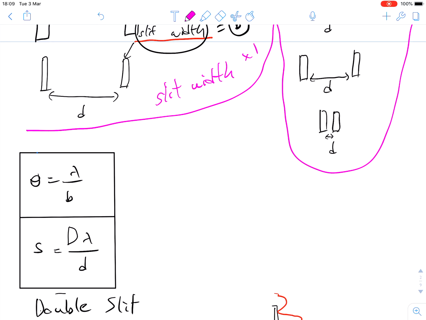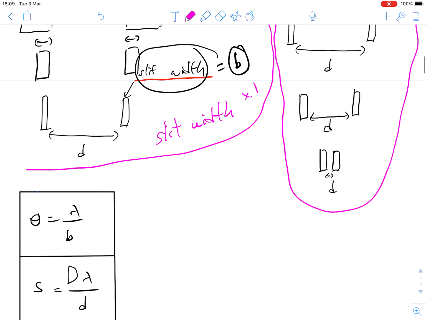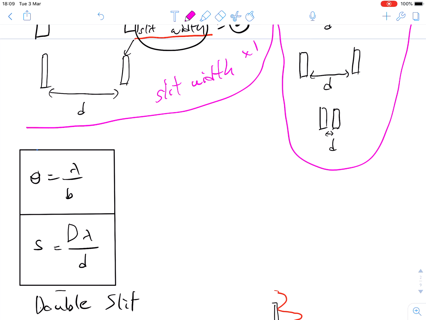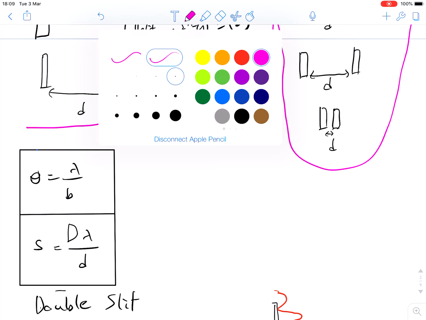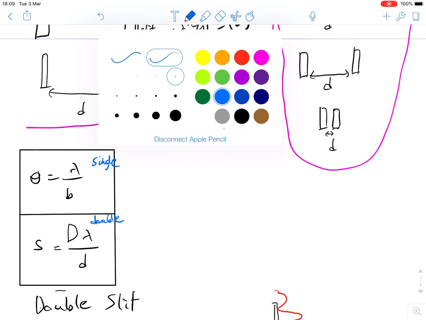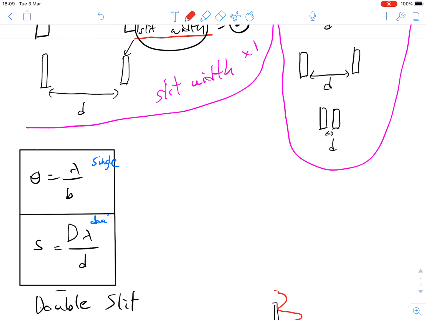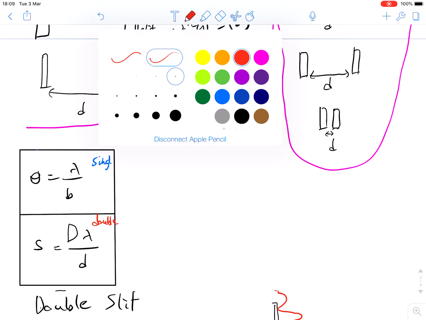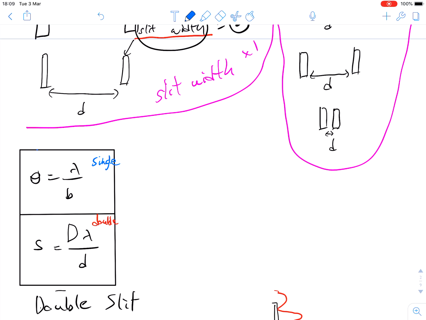Here we have our two formulas. I'm going to highlight the two things here in the formulas as well, again using color to help match us up. This is single. This is double. And we have two very similar variables as well. Sorry, I didn't keep to my promise of using red for the double slit. So this is double, and this is single.